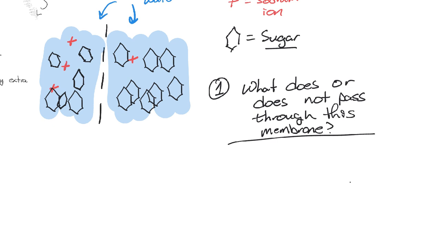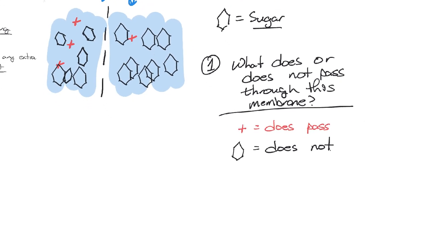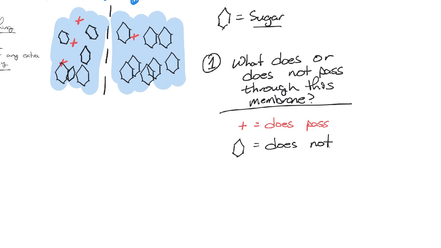So the answer here, there's two solutes. I would have to say sodium does what? Pass through. And glucose does not. You have to write that down because you will get confused on problems, especially in the early parts of these problems. Even if it seems simple to you, write it down.